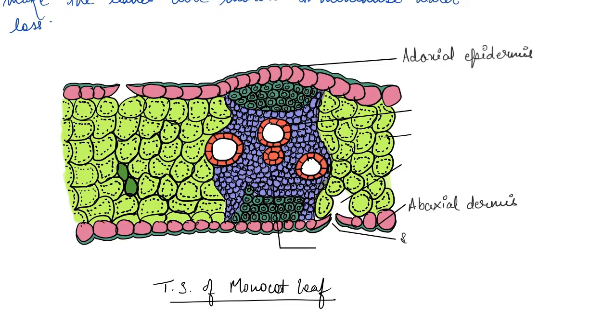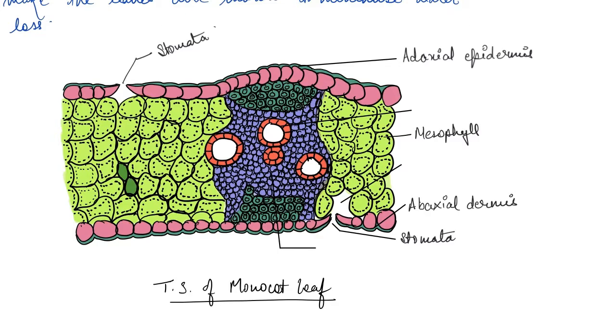Okay, we have stomata. Now see that we have stomata on the lower surface and we have stomata on the upper surface as well, right? Now again in between there are mesophyll cells, but they are not differentiated into palisade and spongy mesophyll, right?